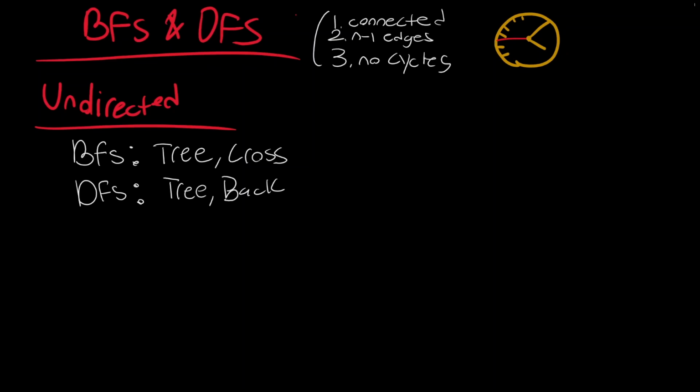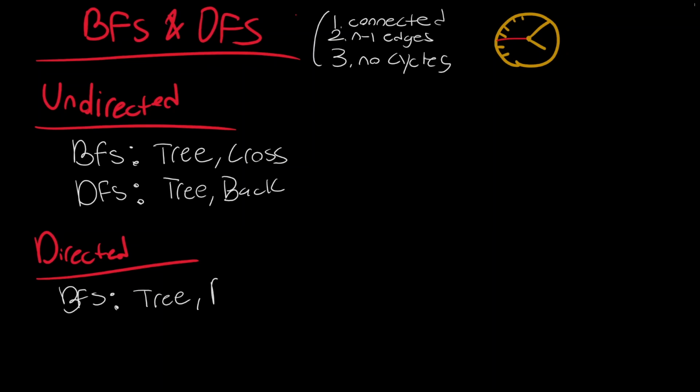Now for directed, for BFS, we have tree. We have back edges, and we have cross edges.